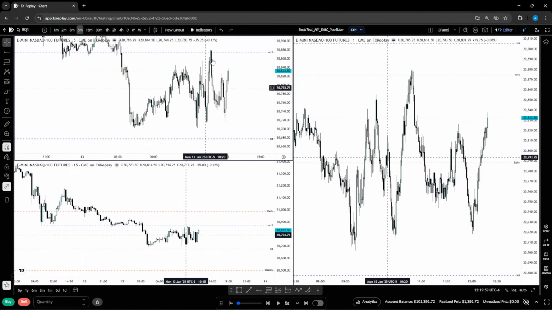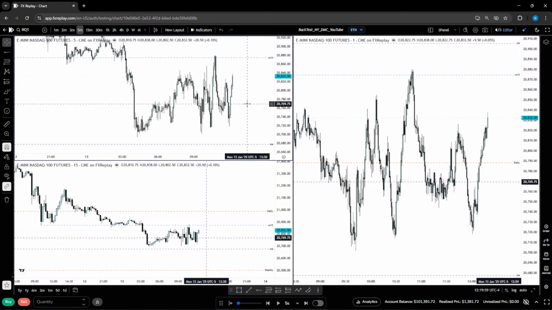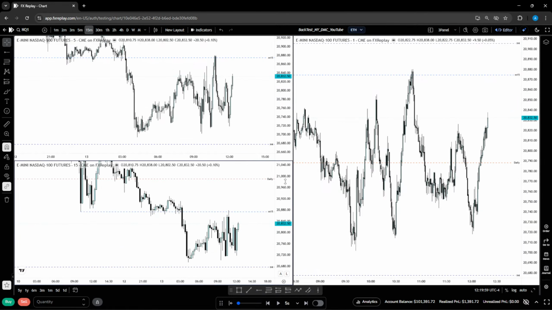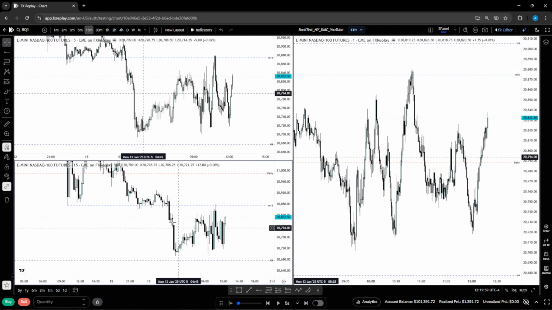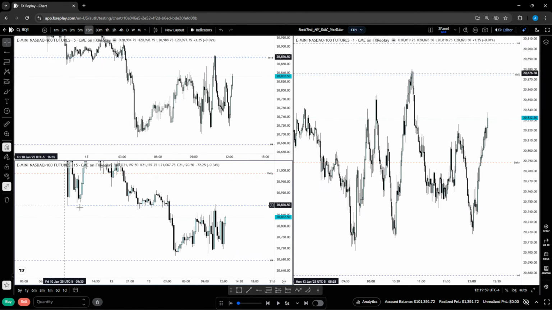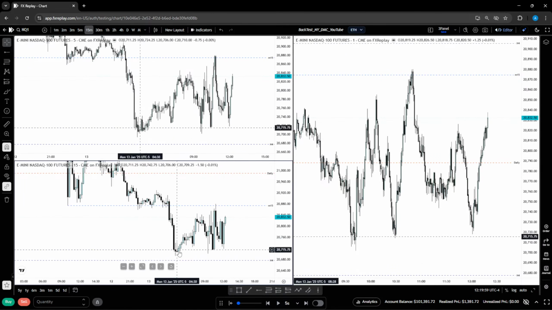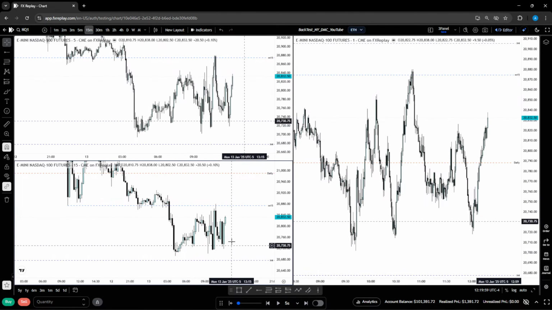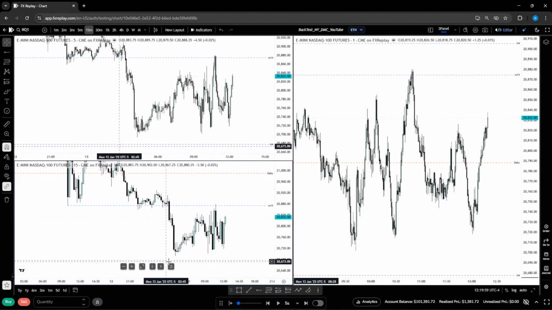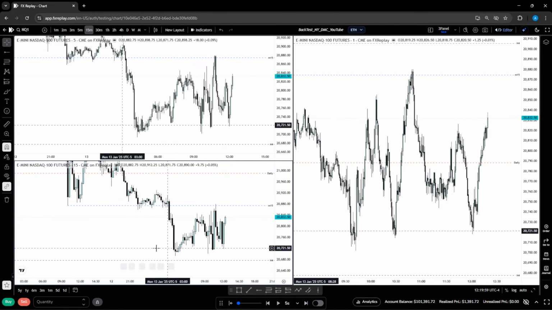So we broke below this 15 minutes level and we are not able to break down. We're basically kind of like, looks like we're accumulating. Triple low.